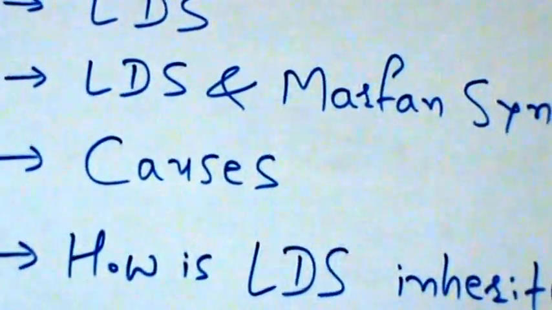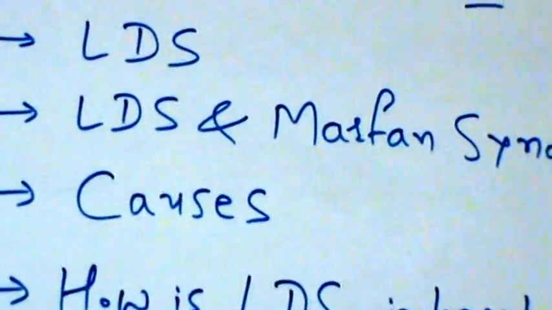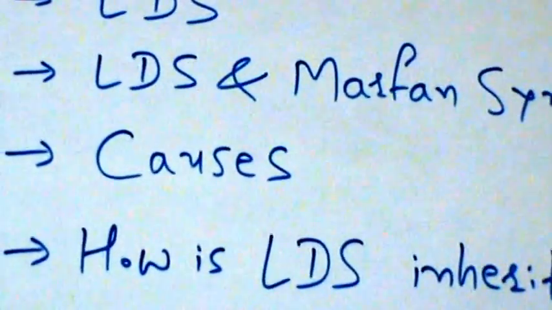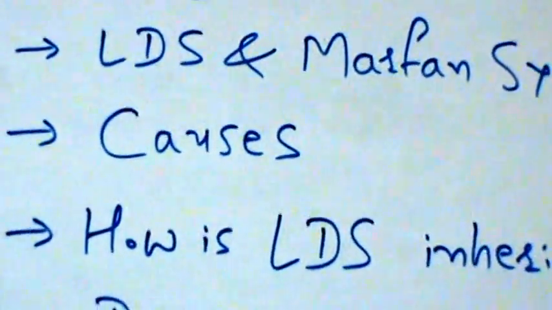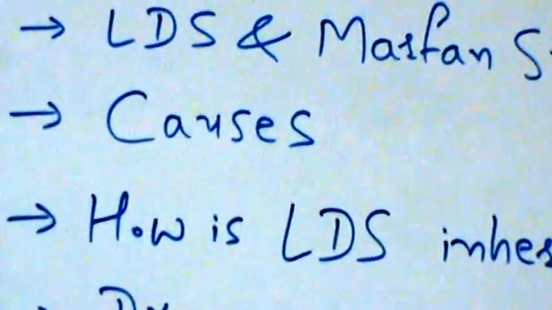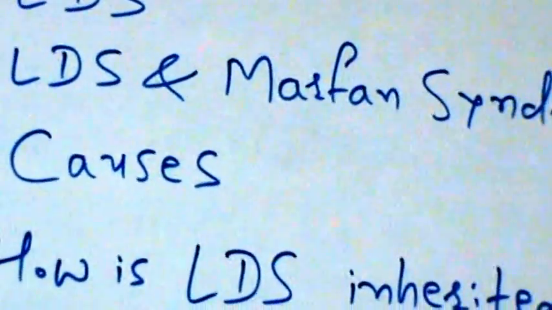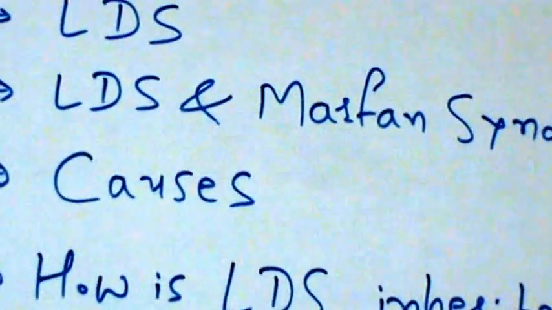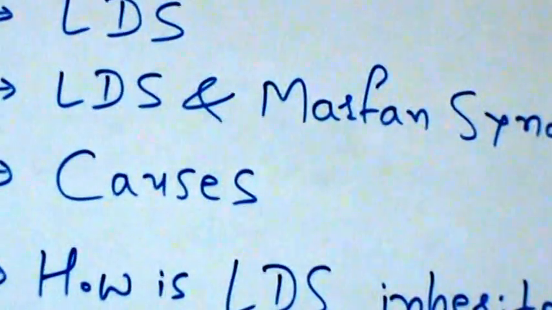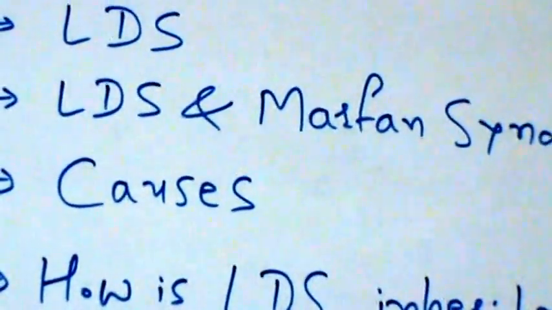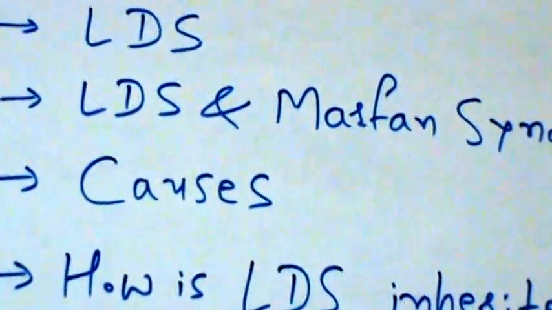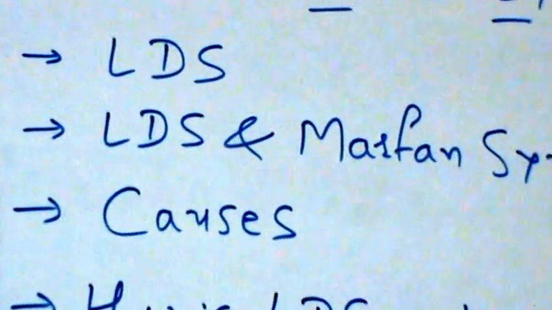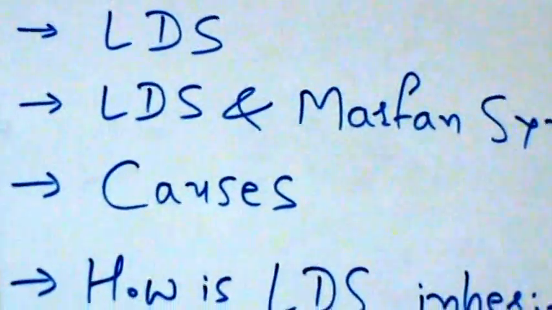These genes are LDS1, transforming growth factor beta receptor 1, LDS2, transforming growth factor beta receptor 2, LDS3, mothers against decapentaplegic homologue, LDS4, transforming growth factor beta 2 ligand, or LDS5, that is transforming growth factor beta 3 ligand, or TGFB3.